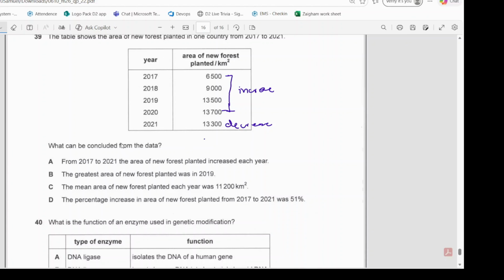So what could be the correct statement? It's not A and B. So you have to calculate the mean area first: 6,500 plus 9,000 plus 13,500 plus 13,700 plus 13,300.